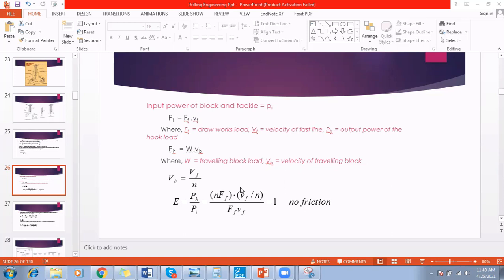If you want to derive a simple relation for a no friction system, you just need to make a replacement of VB. VB is related with VF with reference to N. N is the number of lines that is reducing the VF to VB.